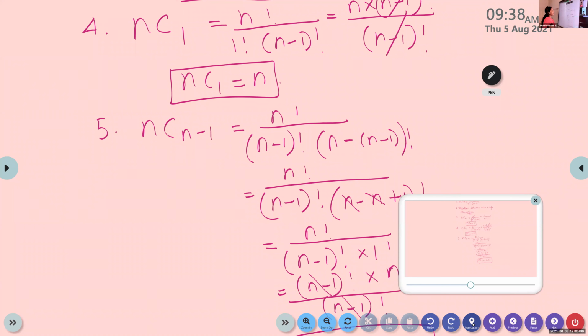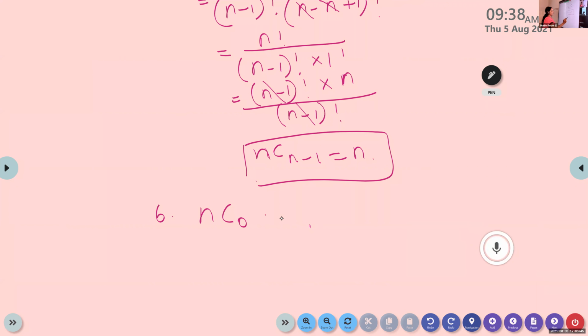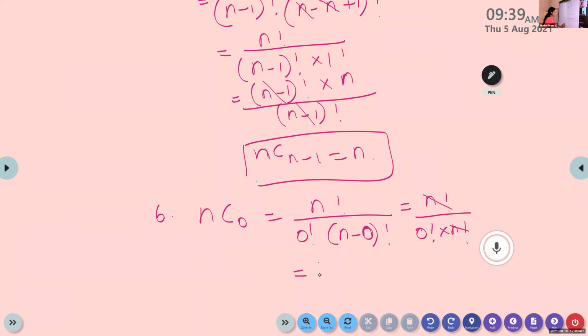Write the next one. The sixth one, I think we didn't calculate. nC0, by definition, is n factorial by 0 factorial into n minus 0 factorial, which is n factorial by 0 factorial into n factorial. These two will get cancelled, so we get nC0 as 1.